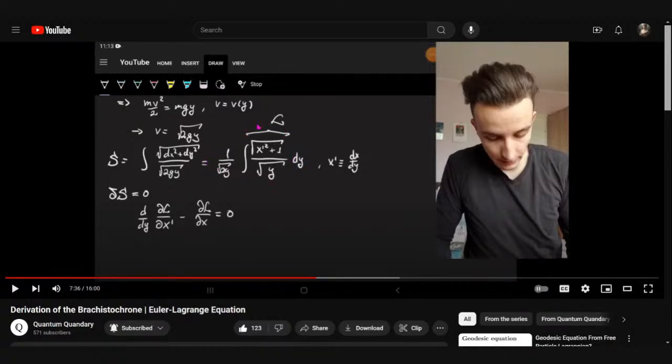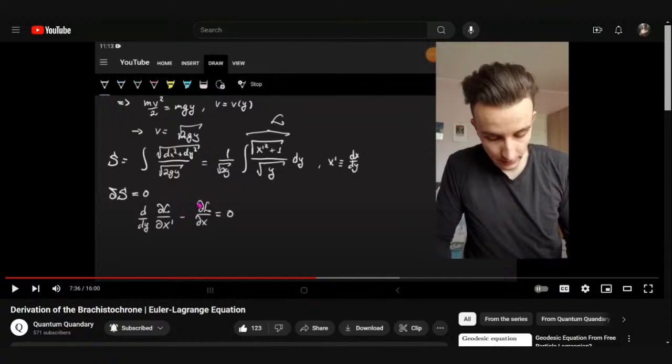This is the action, and you want its derivative, but with respect to what? Right? You want any eta with respect to epsilon. There's no epsilon here. So we already went through the calculation with the epsilon.